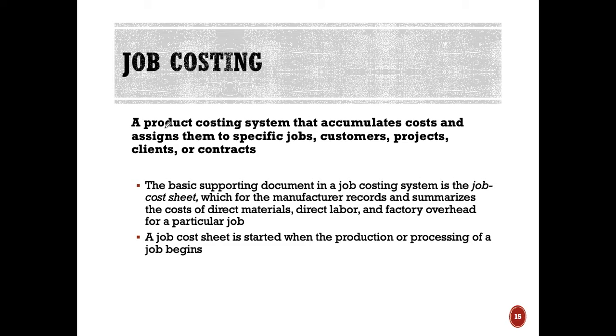Okay, job costing. Now we will focus on job costing. Job costing is a product costing system that accumulates costs and assigns them to specific jobs, customers, projects, clients, or contracts.